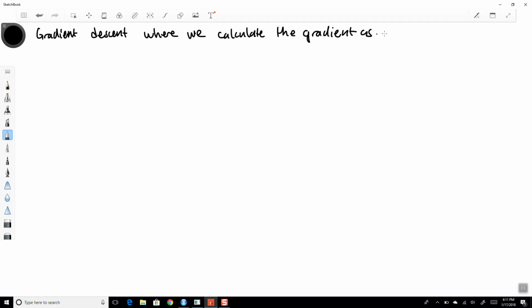All right, so we'll do gradient descent where we calculate the gradient as partial derivatives.